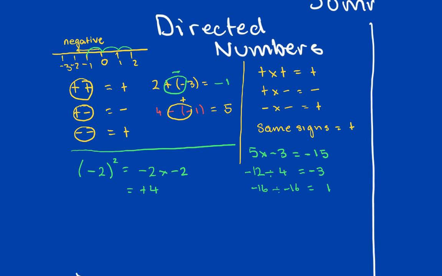What about if I made it slightly different and did this? Well, I'd have negative, and then negative 2 times negative 2, and so I'd end up with negative 4.